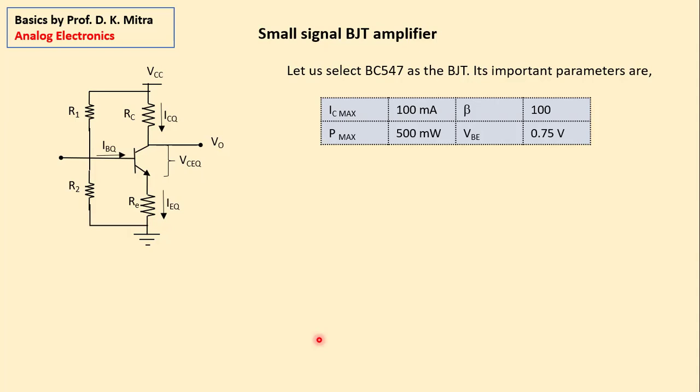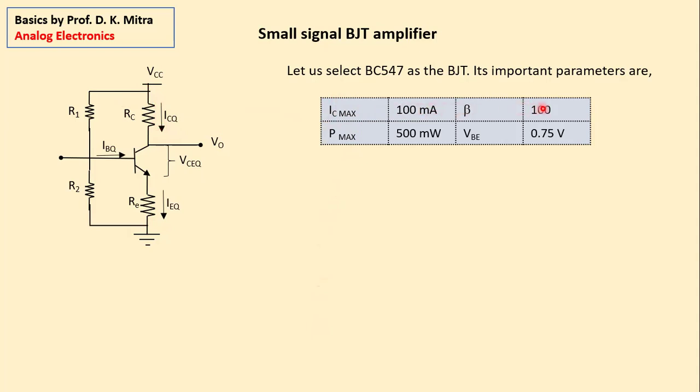BC547 is, for example, one such very common BJT which is available everywhere. The cost in the market is also not more than 20 rupees a piece. Then you go to the BC547 characteristics, or nowadays you can even get it through a Google search. It is given that the maximum current through this BJT is 100 milliamps.